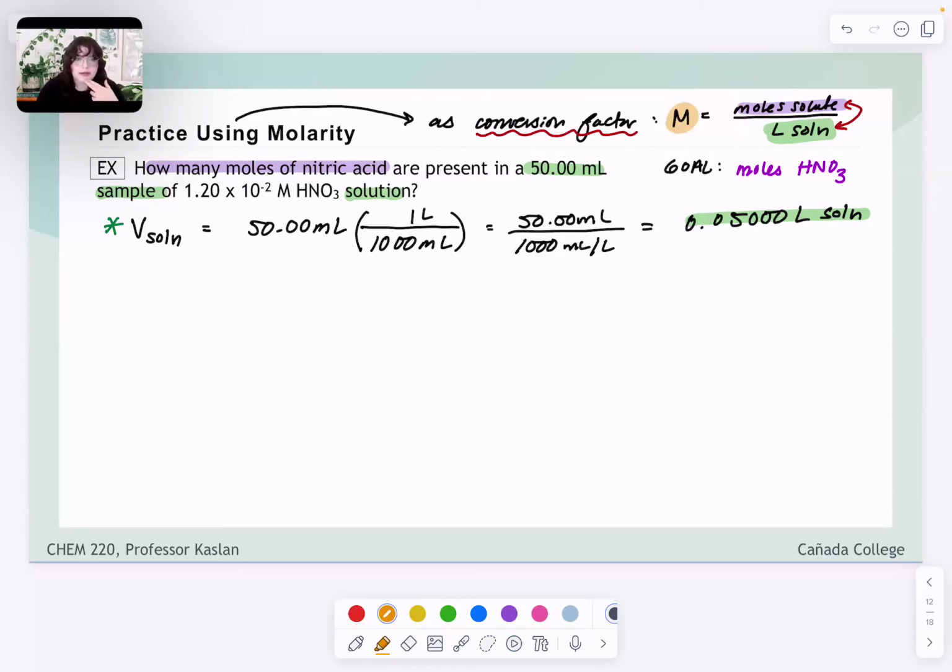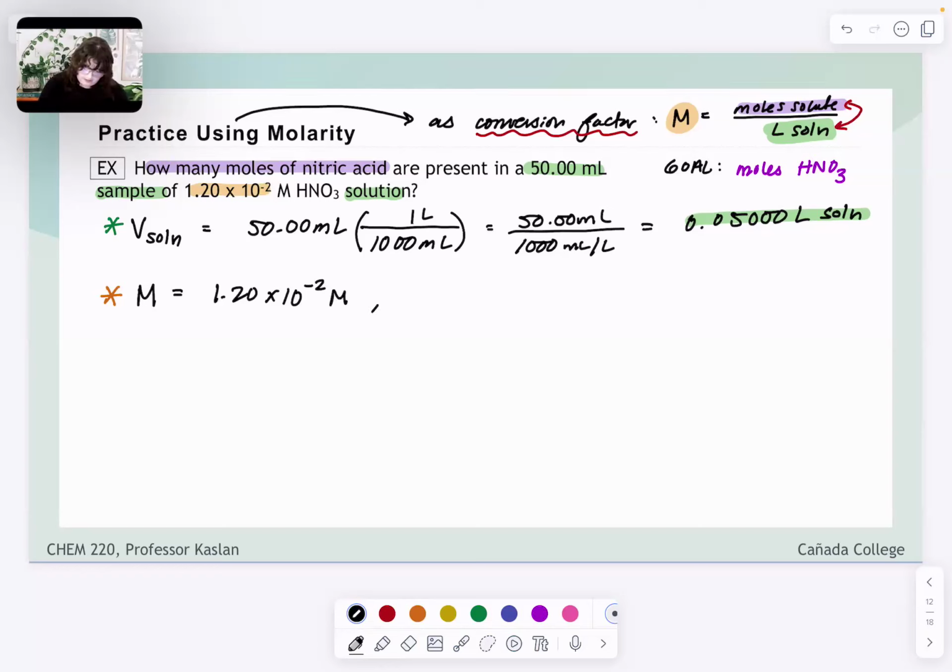So let's see here. How many moles of nitric acid are present in a 50.00 milliliter sample of 1.20 times 10 to the negative 2 molar HNO3? So I think we've identified our concentration. Our molarity of the solution is equal to 1.20 times 10 to the negative 2 molar.